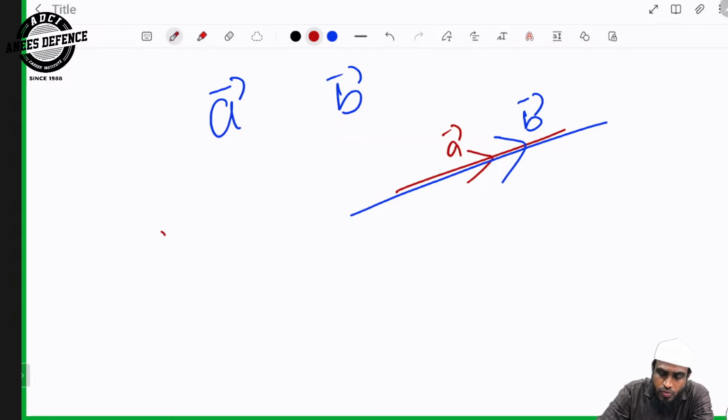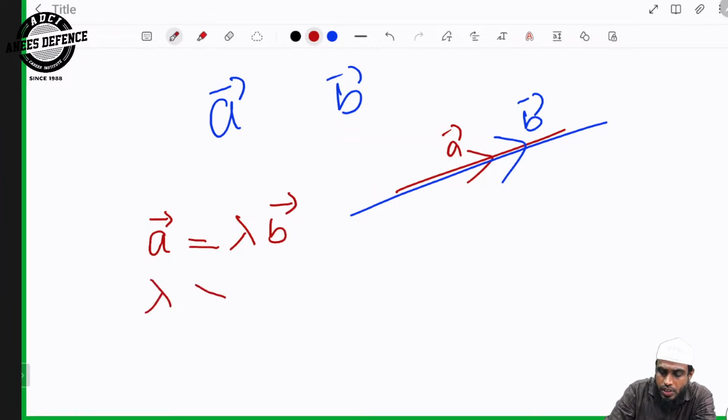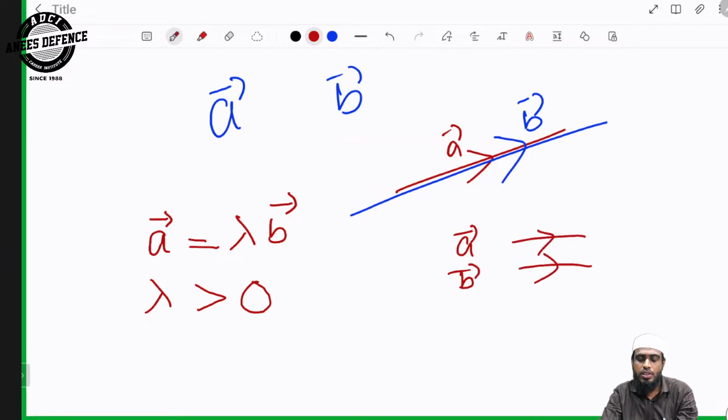Then you can represent one vector as a scalar multiple of the other vector. So A and B can be related like this, A equals lambda B. If lambda is greater than 0, then you can say that A and B are in the same direction.